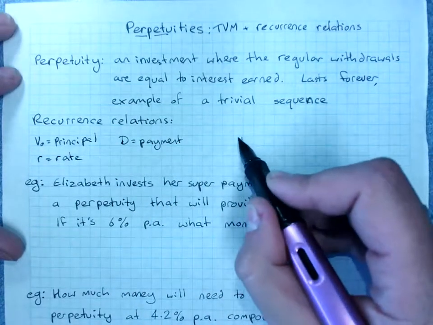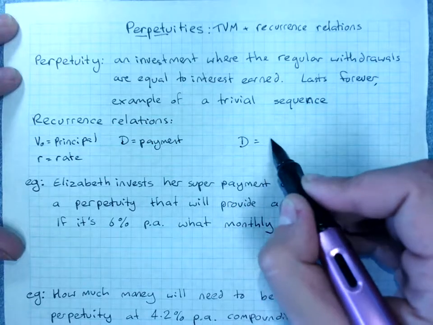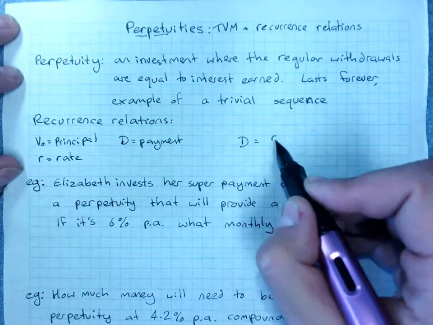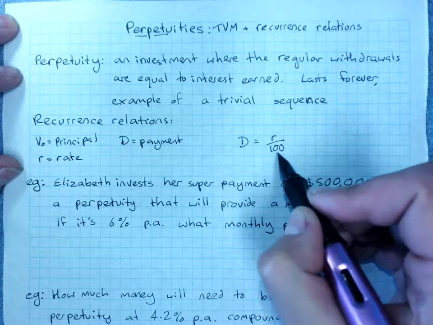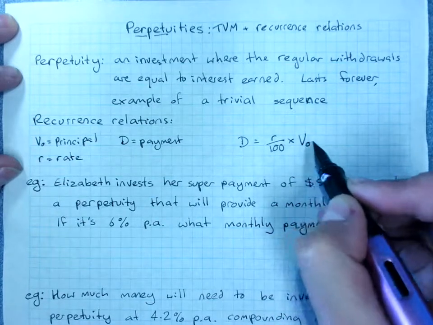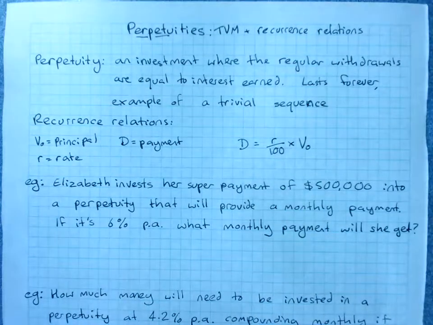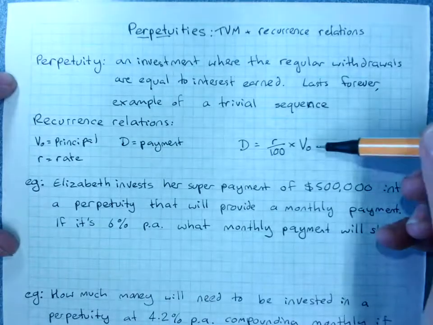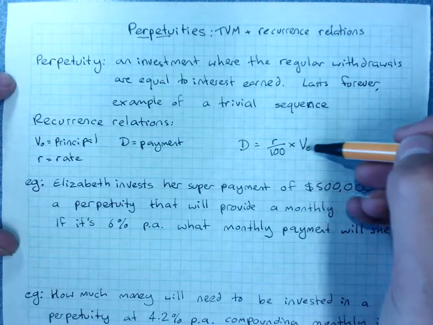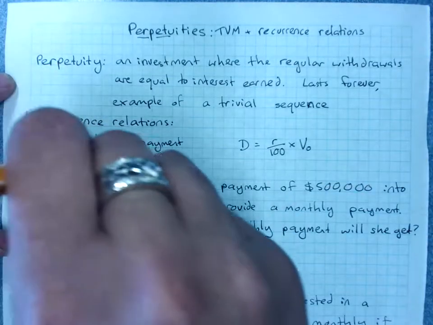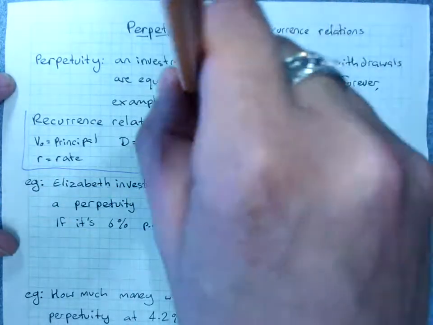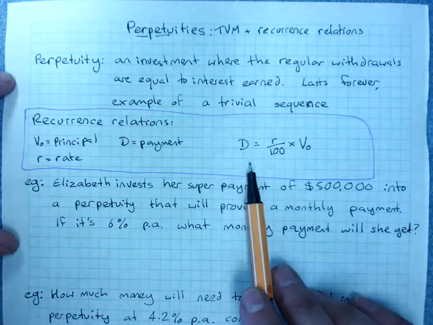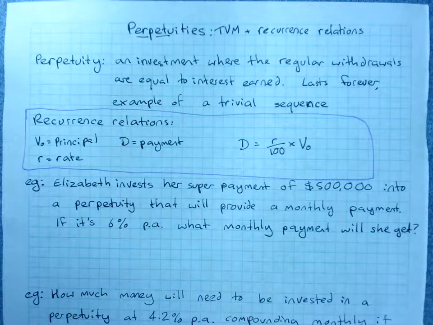And so D, our payment, is equal to our interest rate over 100 multiplied by the principal. And it's always the principal. And we can use this to solve problems with perpetuities.